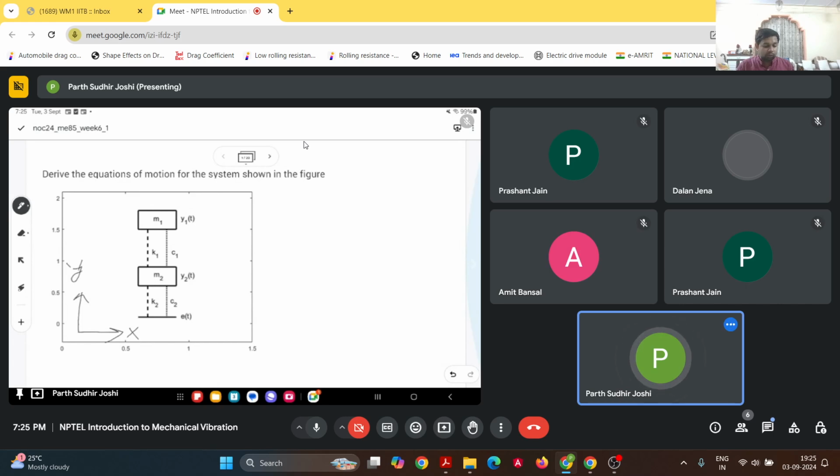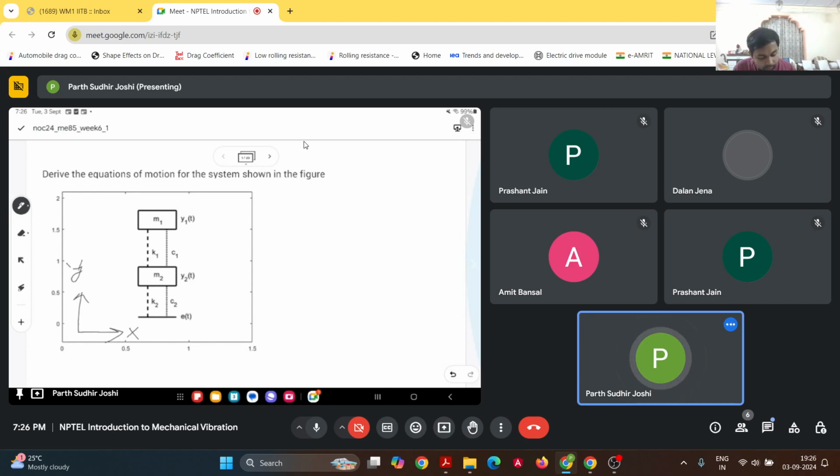The k2 and c2 are connected to a base, which can be a movable base for which the displacement e of t is known or prescribed.